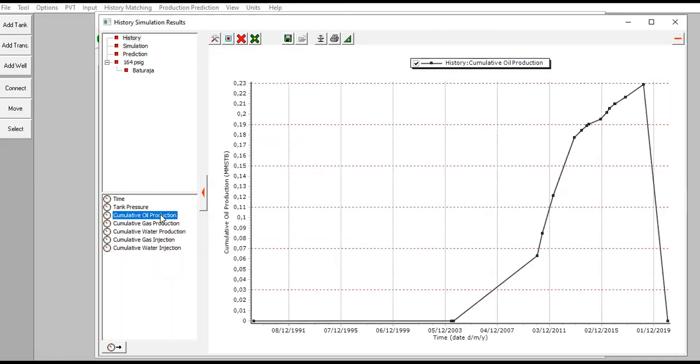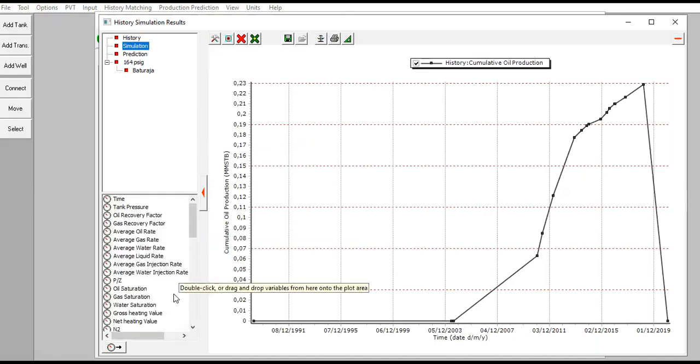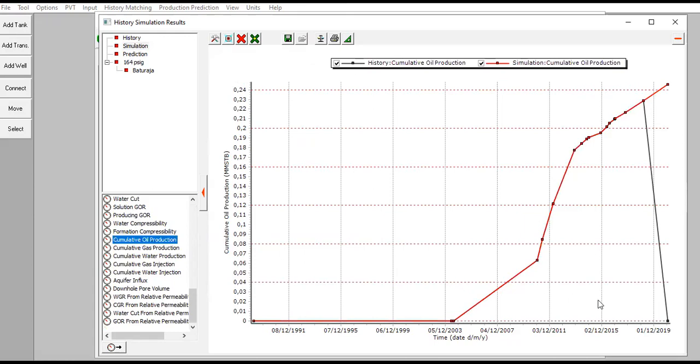History cumulative oil production, and simulation cumulative oil production.